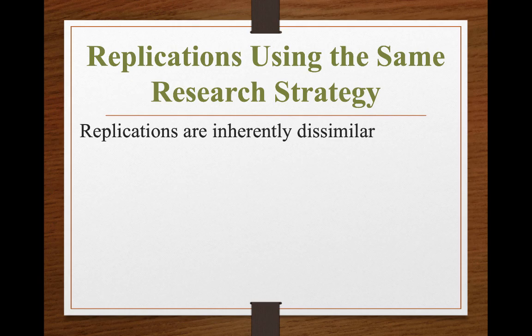But replications are inherently dissimilar, meaning it's not the same researcher. It's not the same population. Oftentimes, there are going to be differences when it comes to those things. Like, let's say you were doing a research study at Cal State Fullerton, and someone decided to see what replicability there was to those findings and decided to do a study at Cal State Long Beach, right? There might be something inherently different about the student populations at two different Cal States.